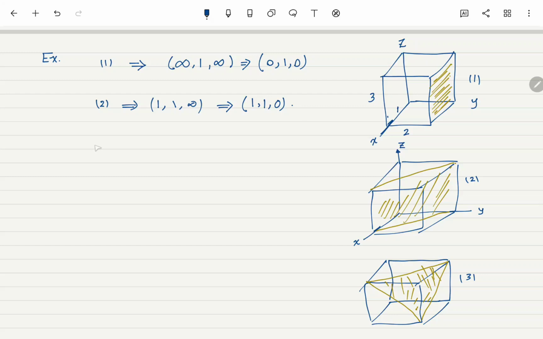Now let's consider the third case. This plane intercepts the x-axis at 1, the y-axis at 1, but the z-axis at -1. Take the reciprocal, it will be 1, 1, and again we just place the minus sign at the top of the number, like 1 bar.